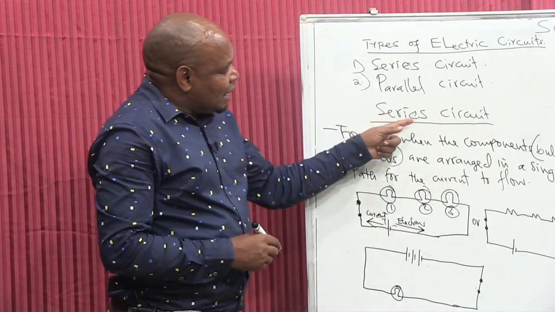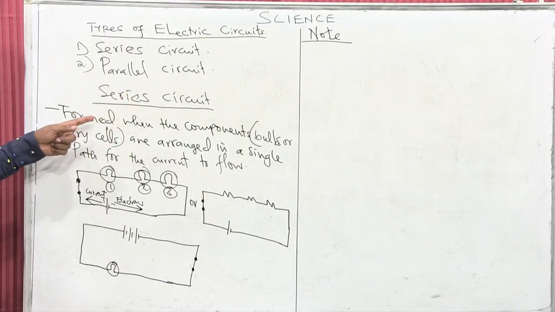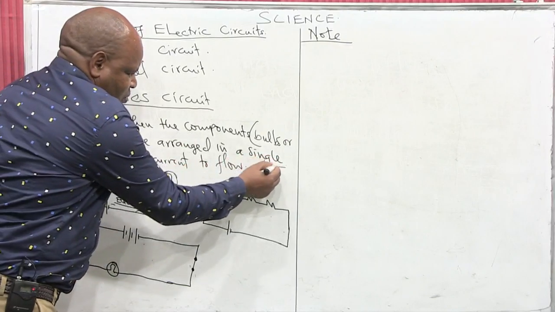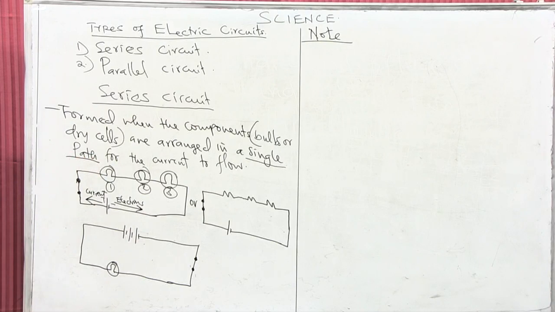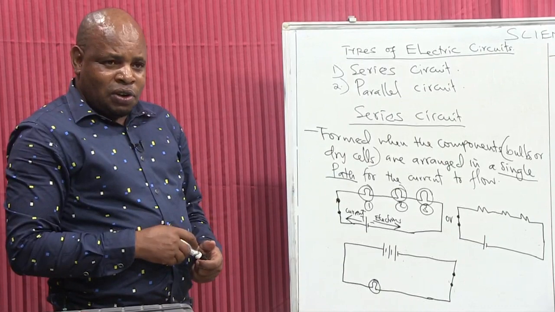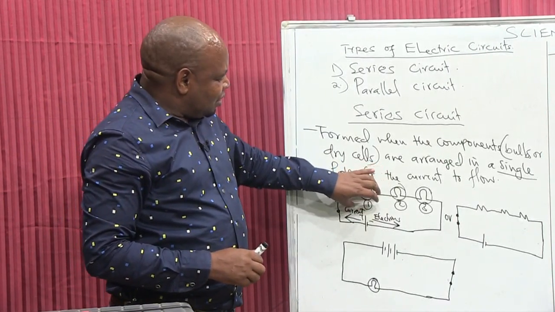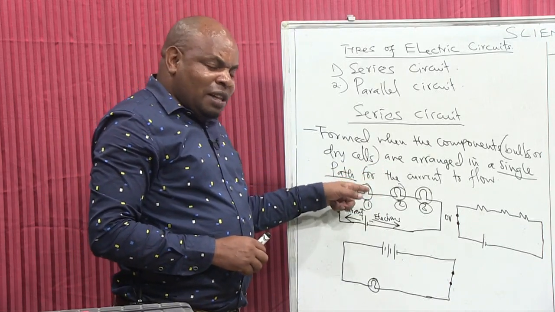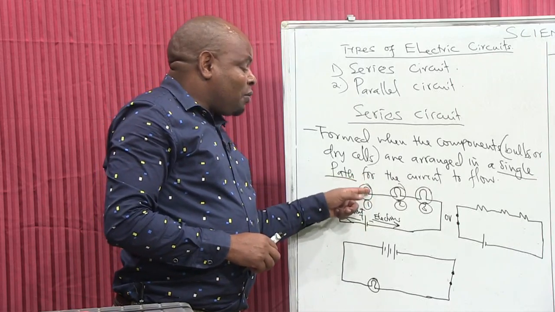Remember, in a series circuit, the flow of current takes place in a single path. So if one of the components has got a problem, or if the filament of this bulb is not working, this one will have broken the circuit.